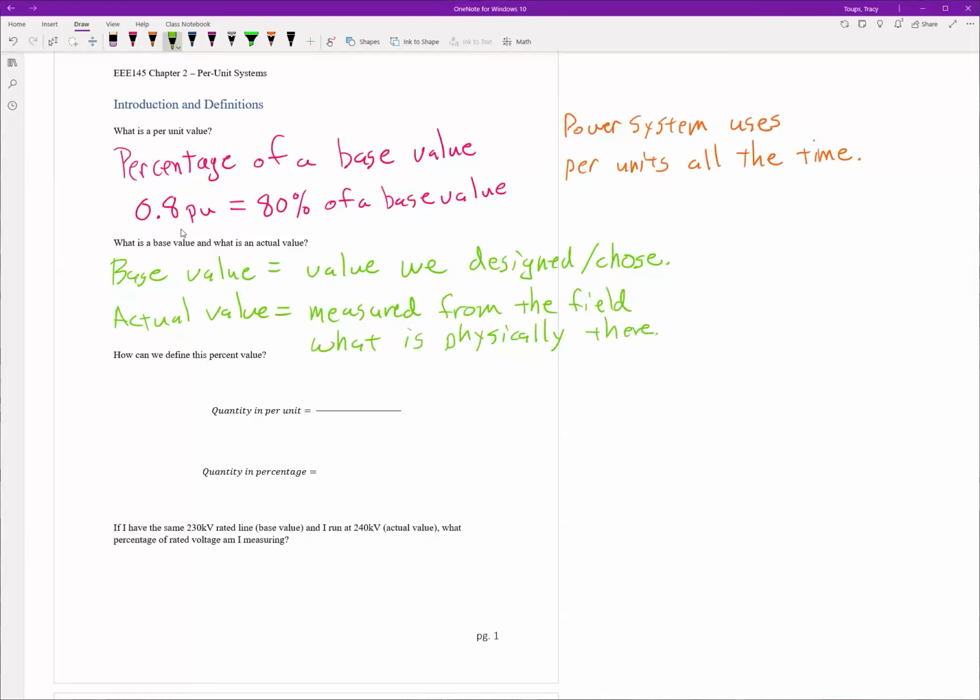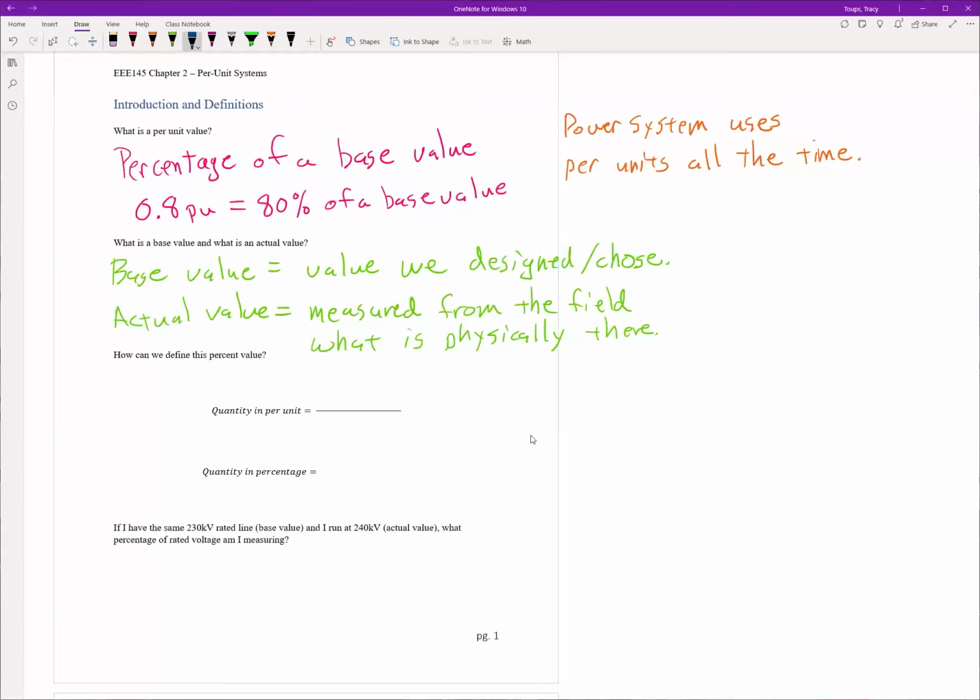Now, the actual value can be different from the base value because the base value is the ideal expected circumstance. But in reality, we could go plus or minus 5% or something. You know, there could be deviations, right? And it's very important to try to see these deviations and note them, okay?